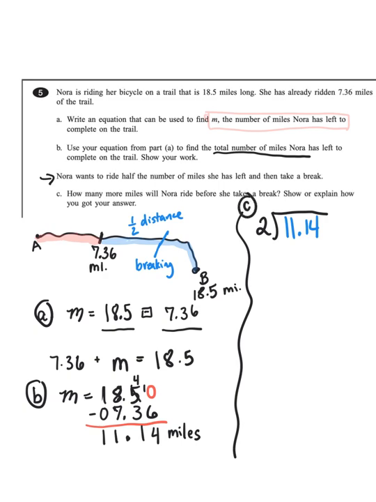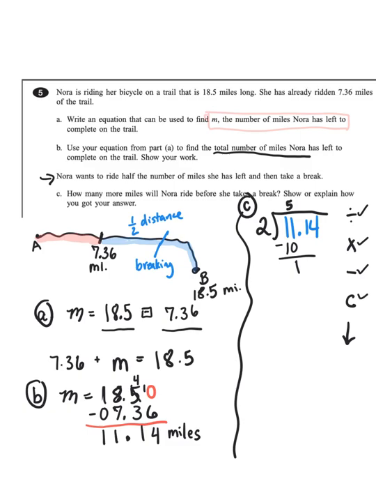Okay, so let's see. 2 goes into 11 5 times. Divide, multiply, subtract, compare, bring down, and then repeat. So I did my division. 5 times 2 is 10. Now I can subtract. 11 minus 10 is 1. Compare. 1 is smaller than 2, so I know I'm on the right track.